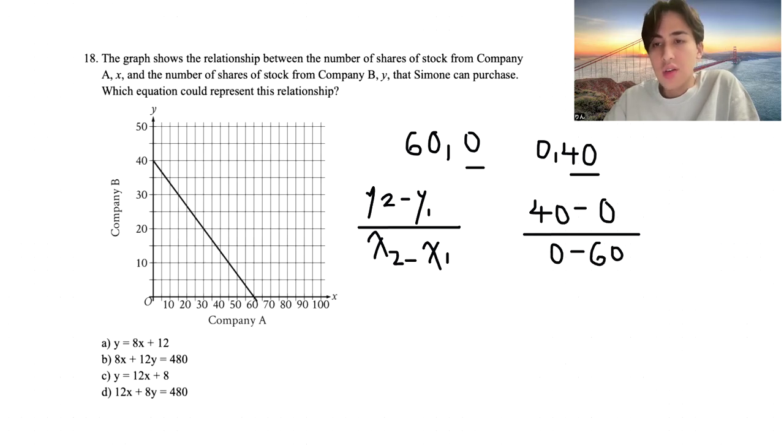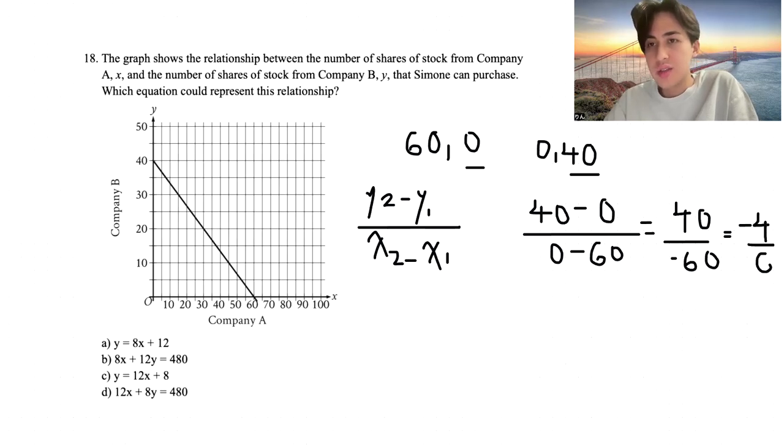When you solve that out, your slope is 40 over negative 60, which can be simplified to negative 4 over 6. You divide by 10 on both sides. But this can be further simplified by dividing by 2. You're left with negative 2 over 3. So this is your slope.